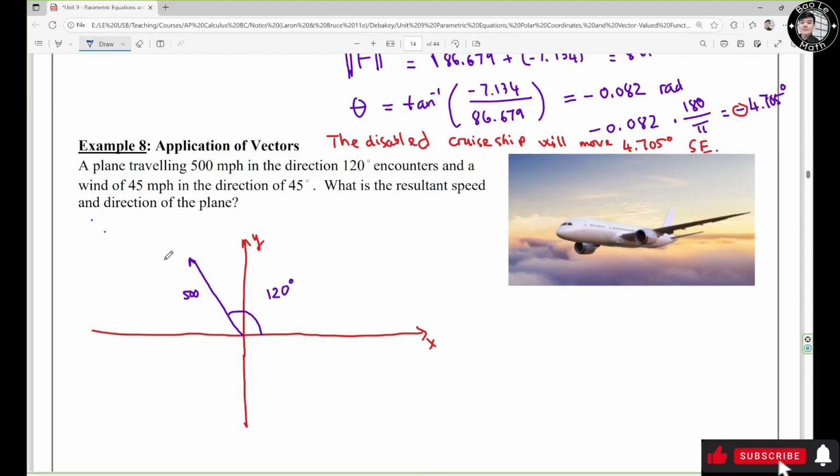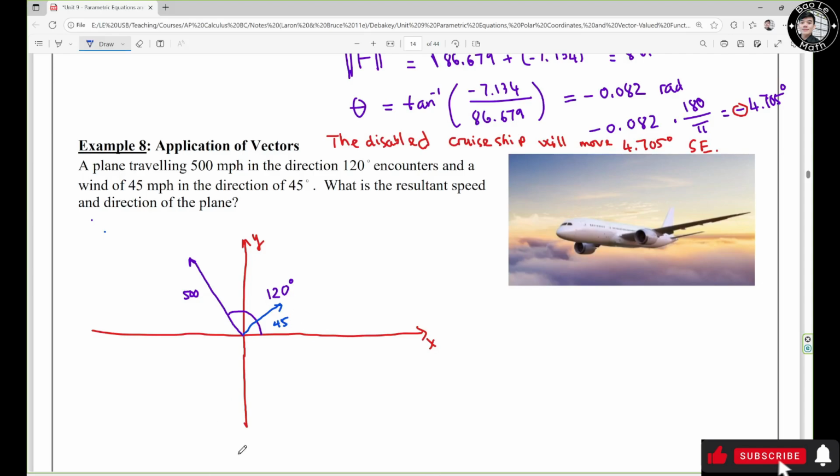Now a wind has the speed of 45 miles per hour in the direction of 45 degrees. So 45 degrees is going to be right here, and it's going to be 45 miles per hour, right?